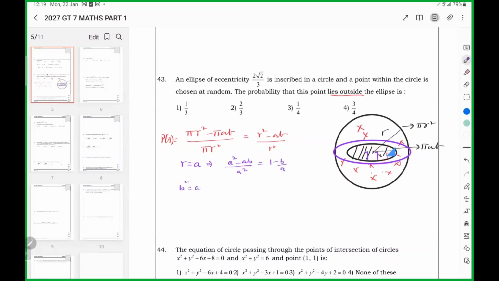So we know the relation between a and b in the eccentricity of an ellipse, which is 1 minus 8 by 9, it's 1/3.